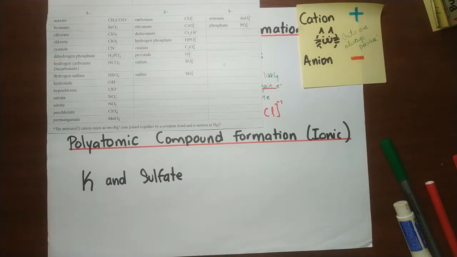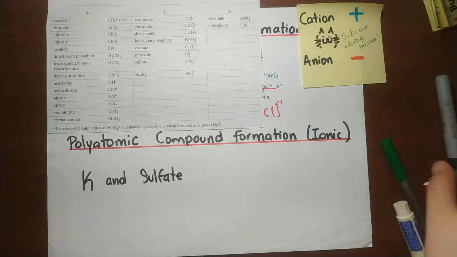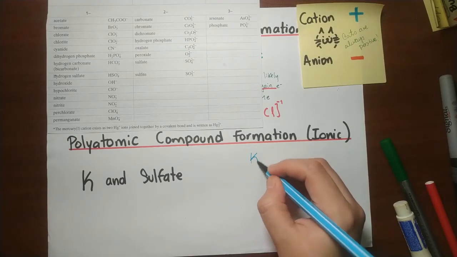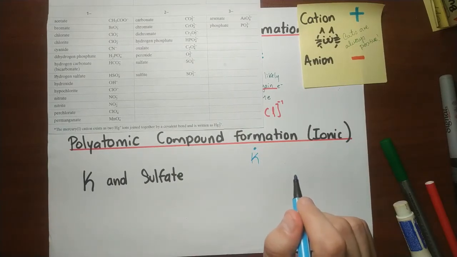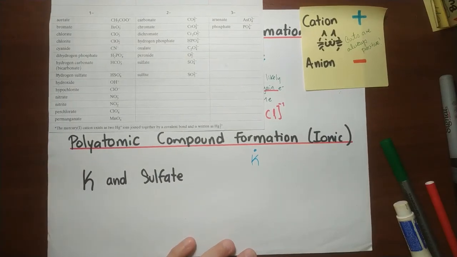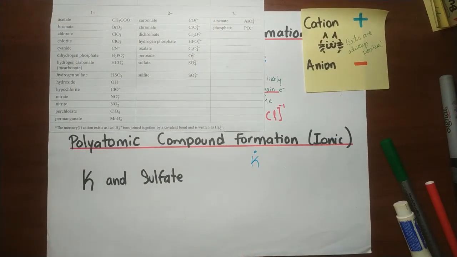Okay, so as you can see, potassium, if you remember when we used to do Lewis structure for potassium, potassium used to be K and a dot over here. Now, we're not going to do Lewis structure every time we form a compound. We really are not going to do that because it requires a lot of work. Okay? Now, what we're going to be doing, we're going to be using the periodic table.